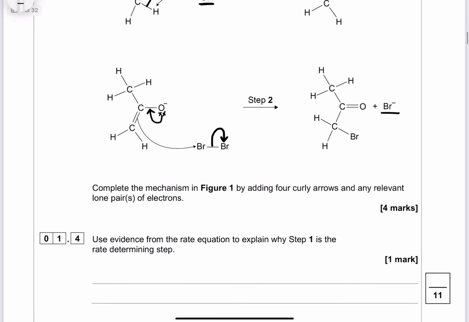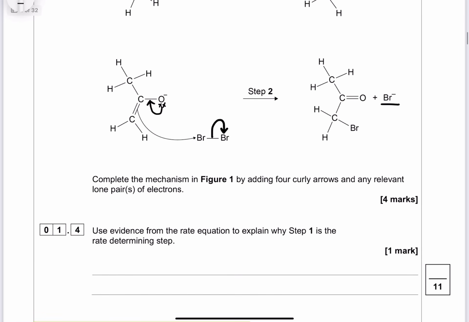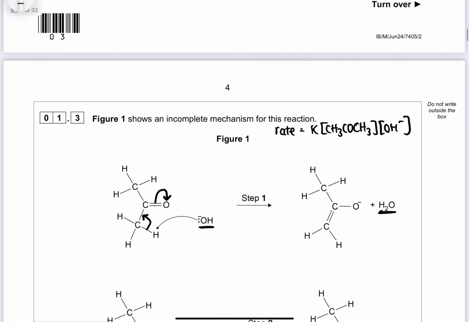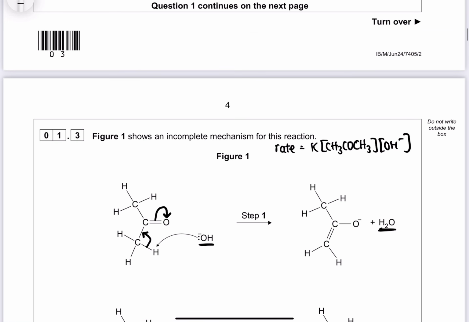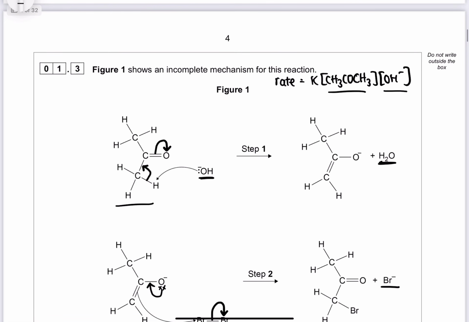Use evidence from the rate equation to explain why step 1 is the rate determining step. Look at the rate equation: it's got 1 propanone and 1 hydroxide, and step 1 has 1 propanone and 1 hydroxide.